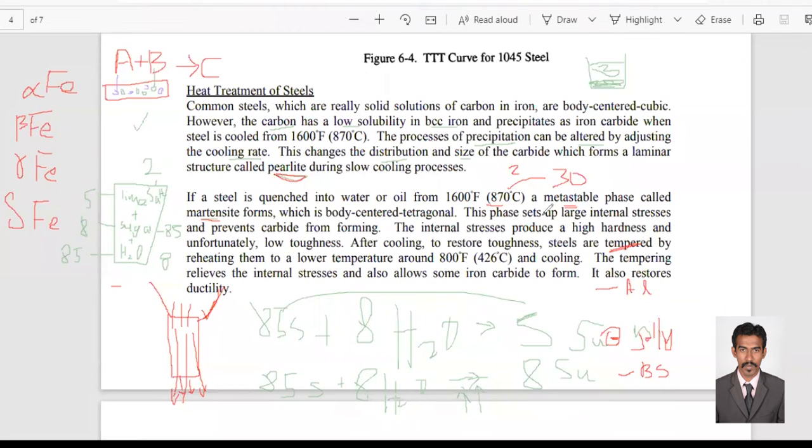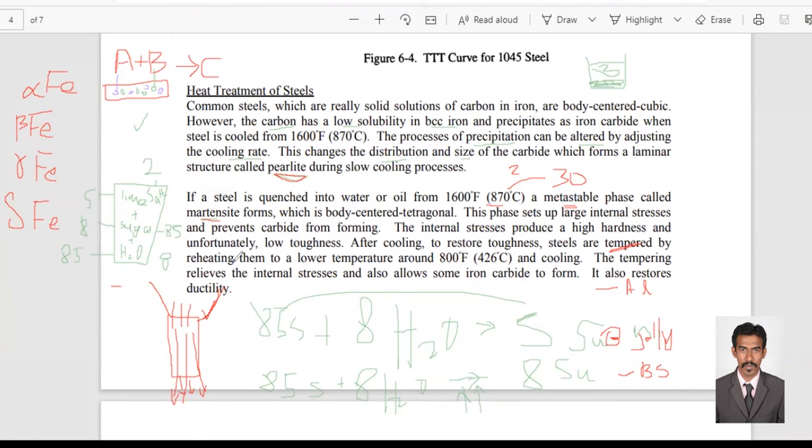Due to that, we heat it slowly again to 426 degrees Celsius. Why are we going for 870, why 426, why can't we go for 530? These are different stories that we will study as we go through the slides. When you give some extra heat, the atoms arrange themselves and make some space, so the carbide can get space.